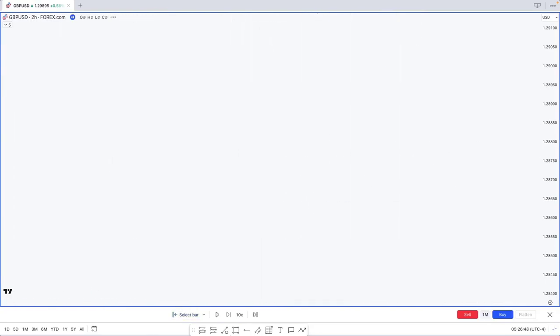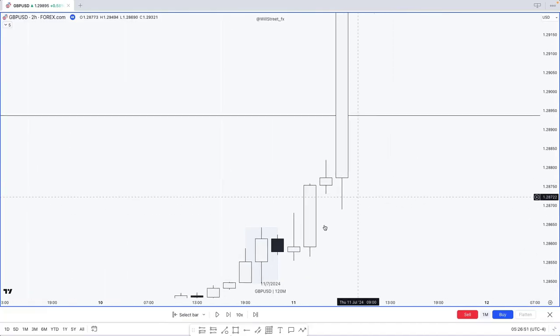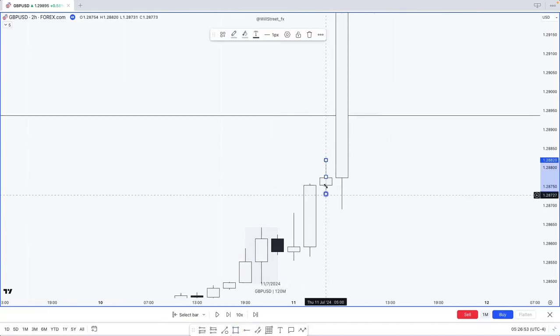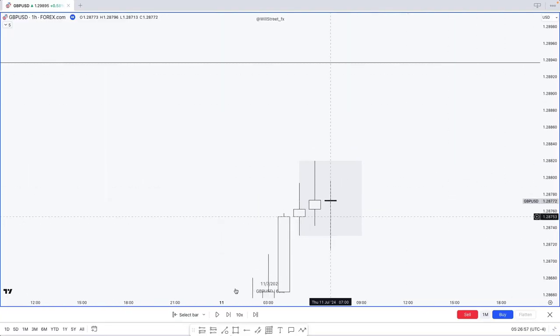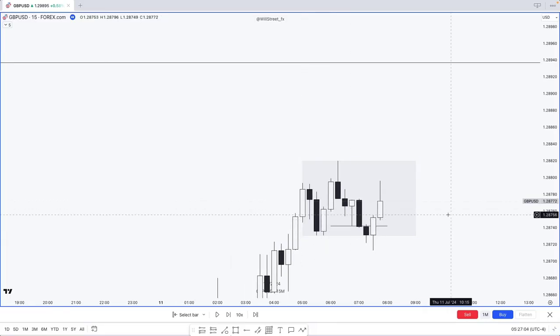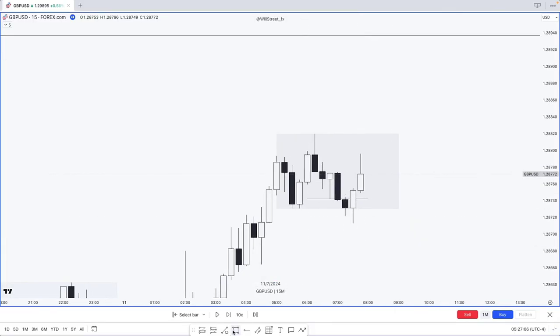Here. This was a 2-hour range. Let's see if we can refine to an hour. And let's go to 15 minutes. What do we see?